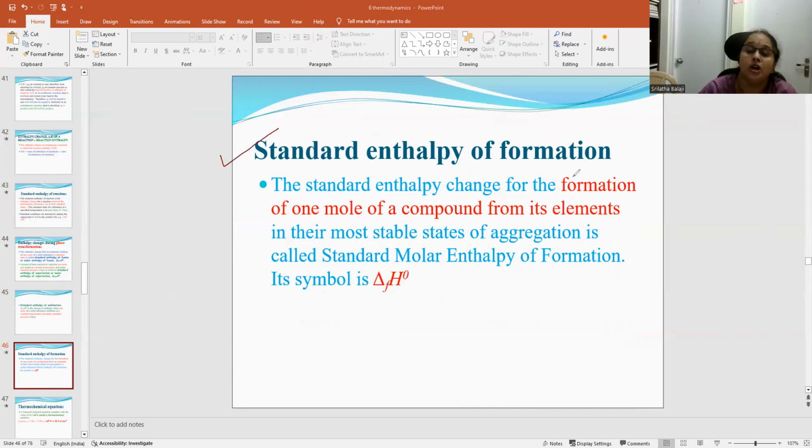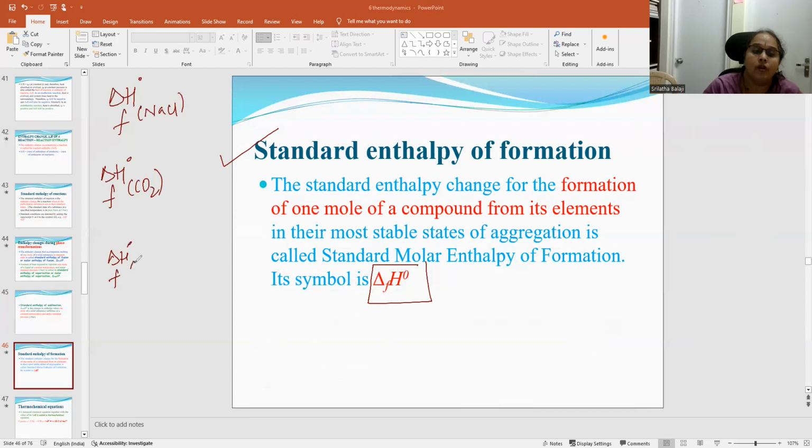So when I mean formation, please note the symbol. The symbol is important. That will give you the entire meaning. Suppose I'm writing it as delta H naught F of NaCl, delta H naught F of CO2, delta H naught F of CH3OH. This is how the notation will be given.